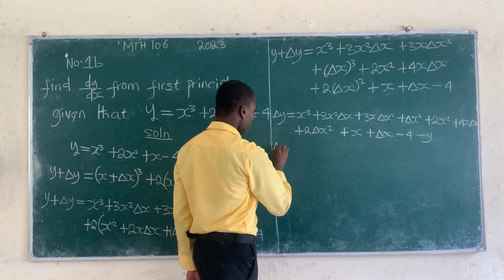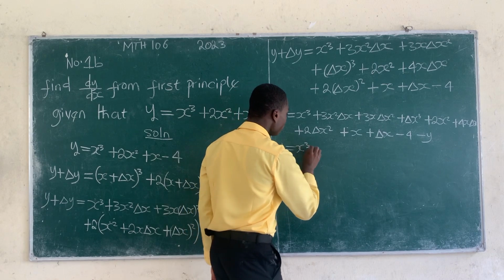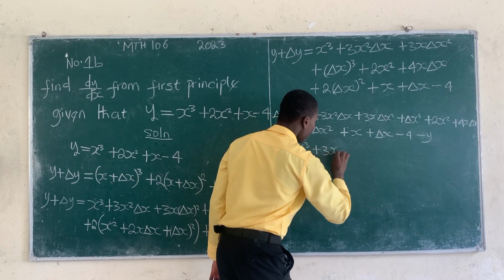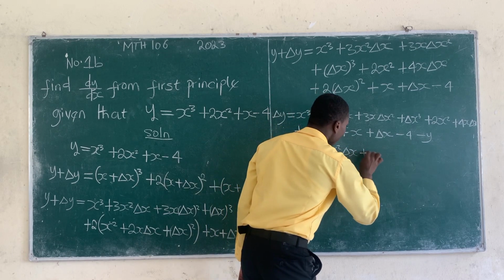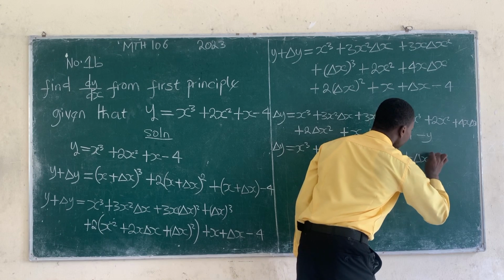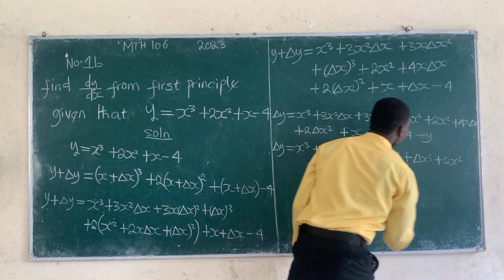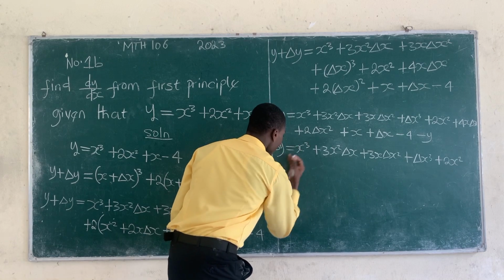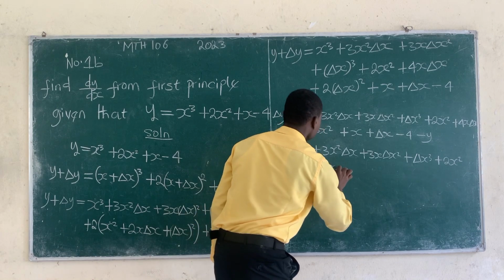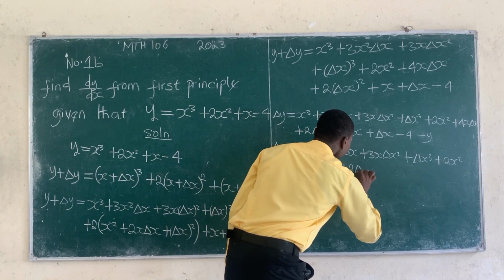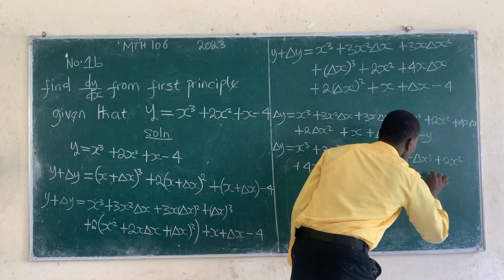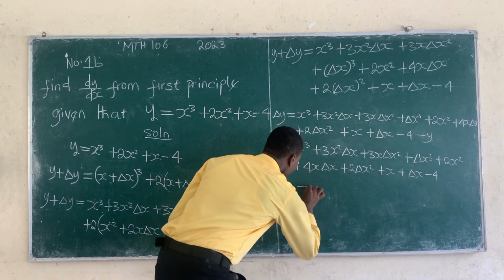So what we have is increase in y equal to x cubed plus 3x square increase in x plus 3x increase in x square plus increase in x cube plus 2x square plus 4x increase in x plus 2 increase in x square plus x plus increase in x minus 4, then minus y.